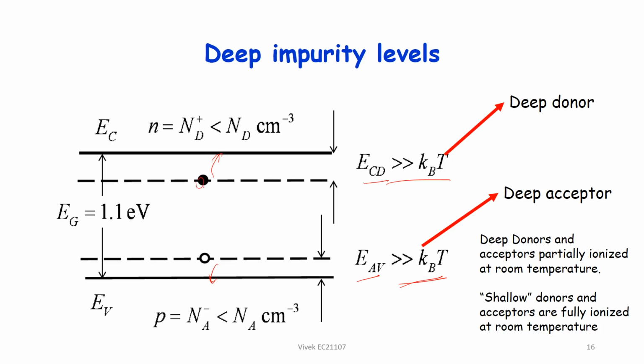So these are called deep energy levels, deep donor defect level or deep acceptor defect level, and they do not contribute much to the electron-hole concentration. Only the shallow donors and acceptors contribute, because at room temperature they are fully ionized, whereas deep donors and acceptors are partially ionized. So if you dope with 10^17, not all will be ionized, but some of them will be.